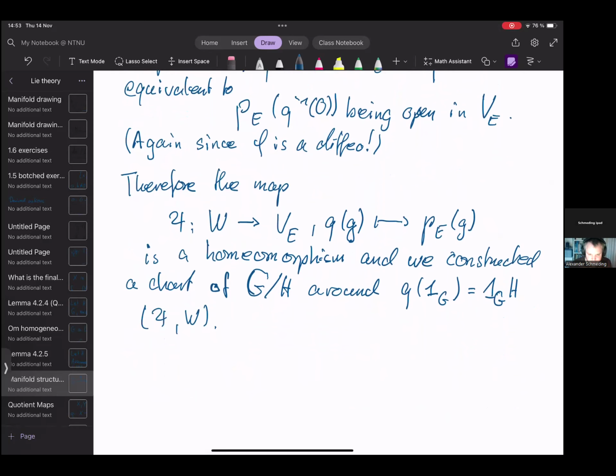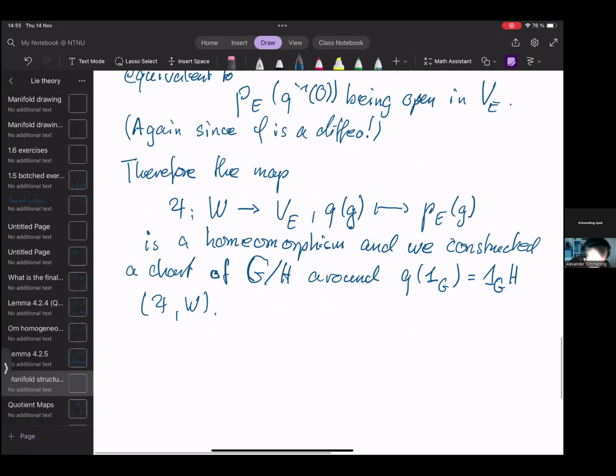we want to move that around and take a look. Okay, so we have the chart now around the coset of the unit element, and for any other element G in G, we set WG, so we want to construct a chart around the coset of G, and we first of all define this as G dot W. Recall, this is our standard notation for the group action.